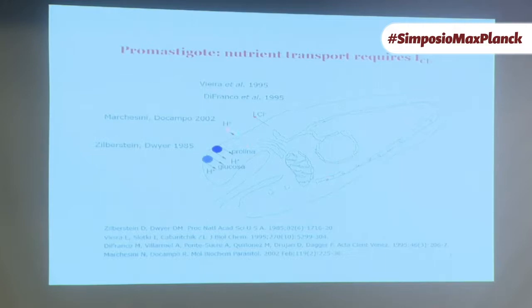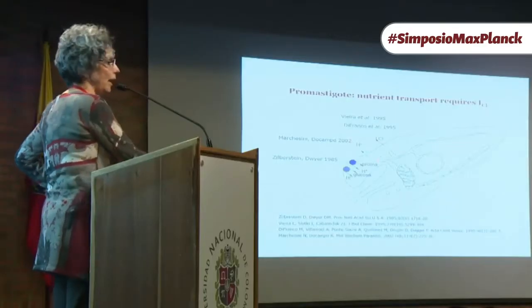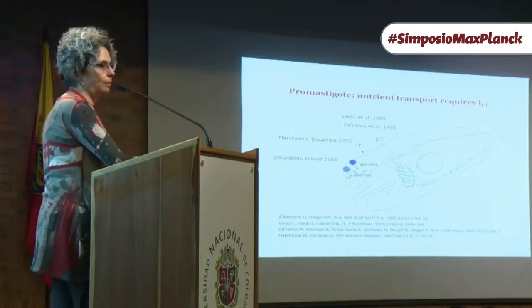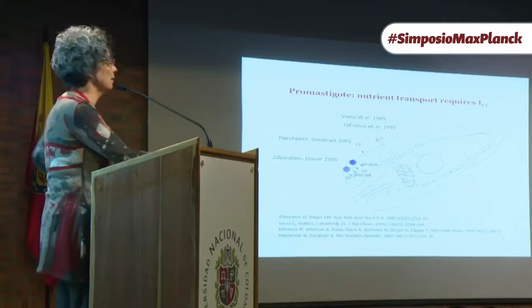The function of this pump creates a problem, and that is that it extracts protons, in terms of charge a positive charge, outside the parasite. And if this happens without any help, the pump will stop. And if the pump stops, the parasite cannot take in the nutrients it needs.